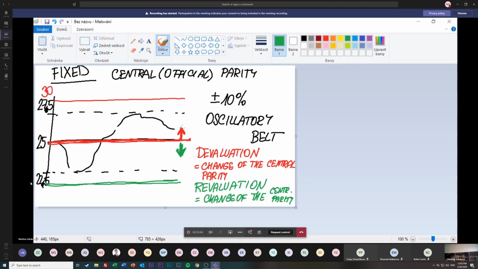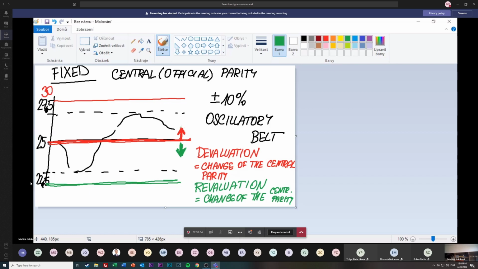So I will declare ahead what will be the changes of the central parity for the companies, economic subjects, investors to know what will be in the future, so they could prepare for it.